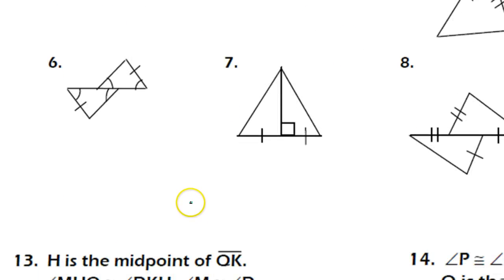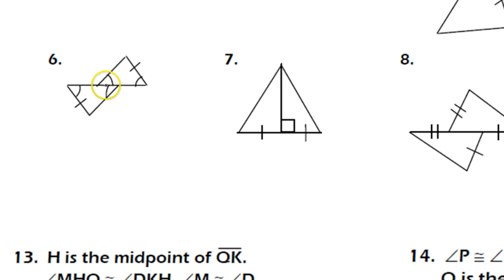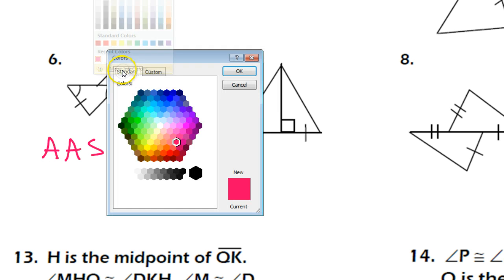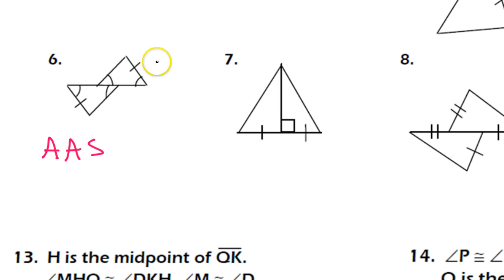Okay, looking at this one. Well, we have an angle and a side. So that's going to be angle, side. The reason why it is not angle, side, angle is this: we have two angles and a side, so somebody's going to think, okay, angle, side, angle. Let me try to make you understand why that's wrong.